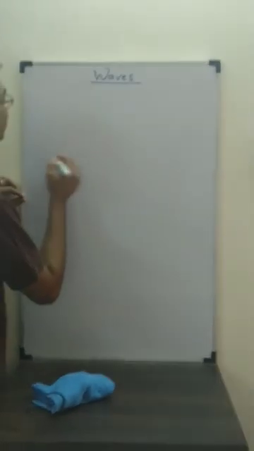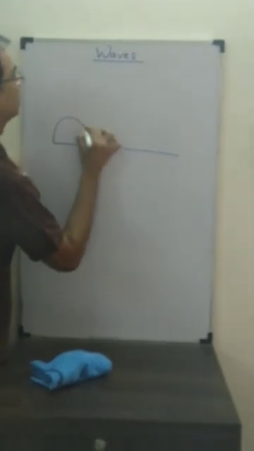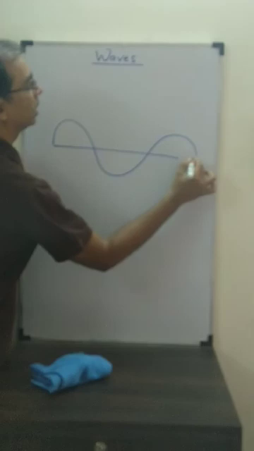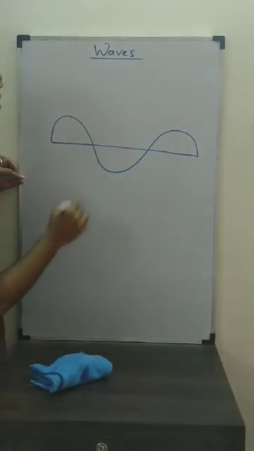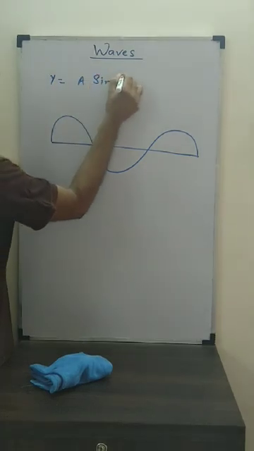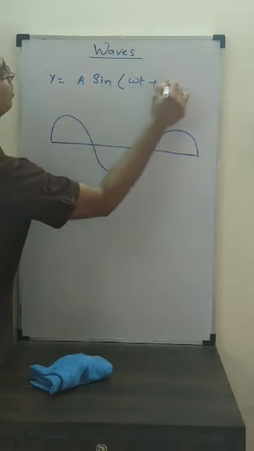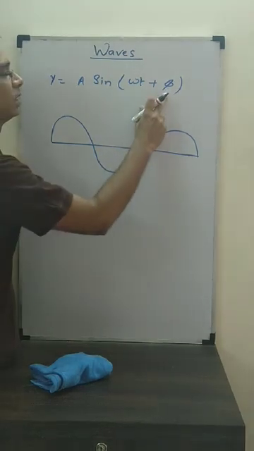Like if I make one transverse wave, something like this, we know that every particle is doing simple harmonic motion, and the equation of simple harmonic motion is y equal to A sine of omega t plus phi, where phi is the initial phase.